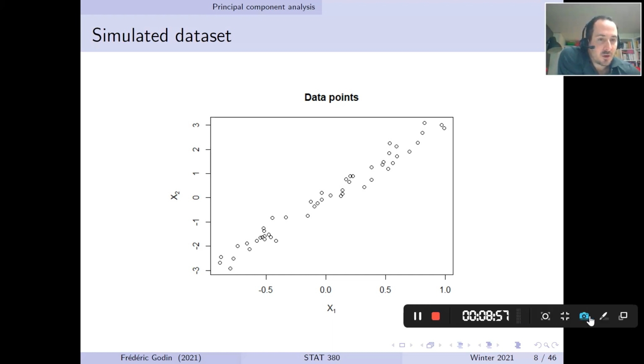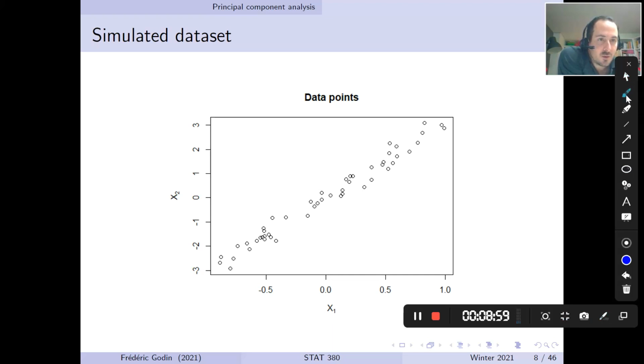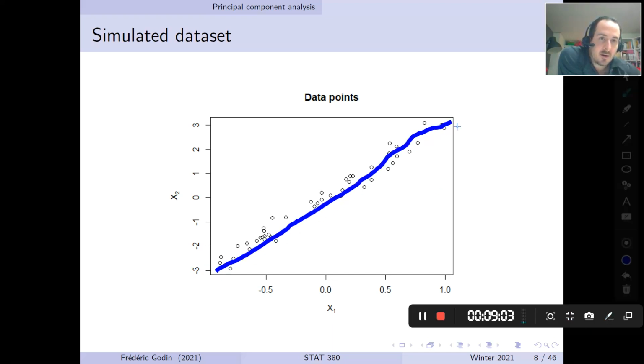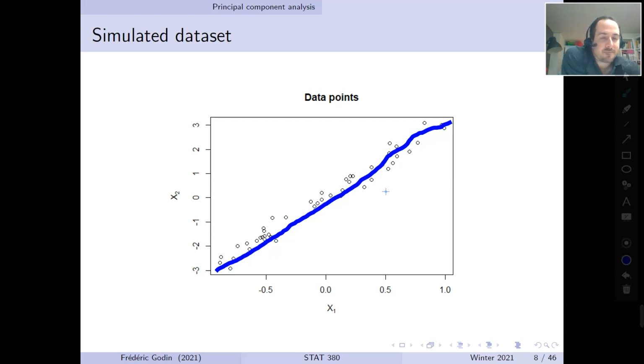So instead, what we could try to do is to plot a straight line here, sorry, it should be straight. Instead, if we consider the straight line and try to determine where on that line the points roughly fall, it might summarize very well the information about all these points.